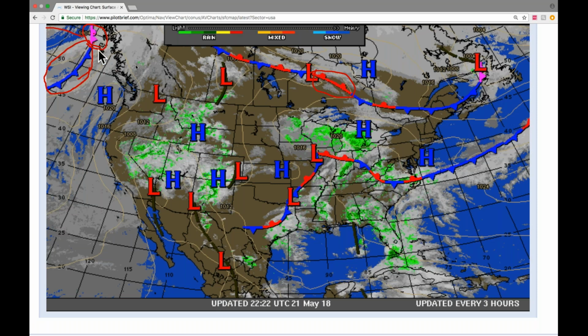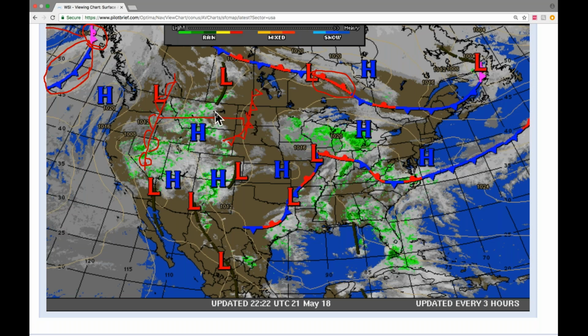Okay, so let's say we have a cold front right here, right? And then we have a warm front right here. Oops, sorry, wrong side of the line. There we go. Okay. As this warm front converges and overtakes this cold front, we get what we call an occluded front.